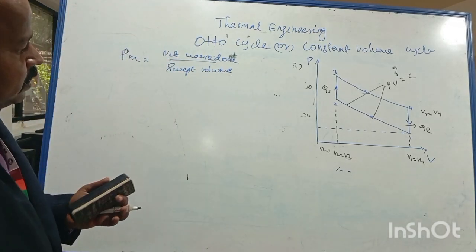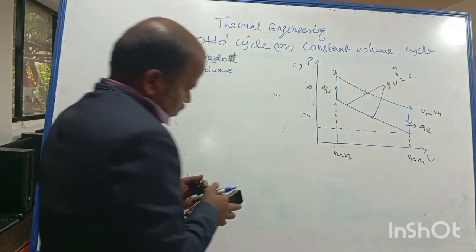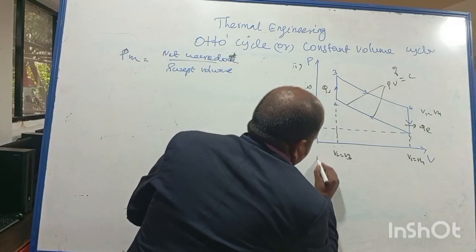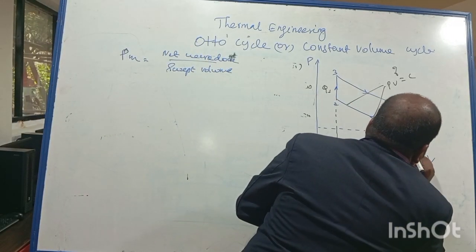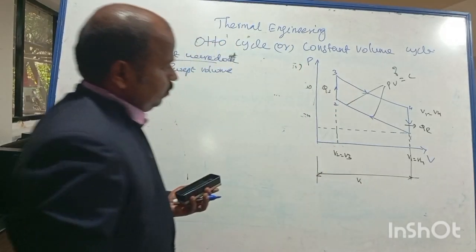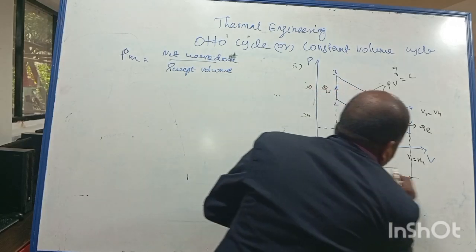Now I am going to discuss what swept volume is and what clearance volume is. Look at this PV diagram. Take the total volume as V1. Now I am going to divide this into two.